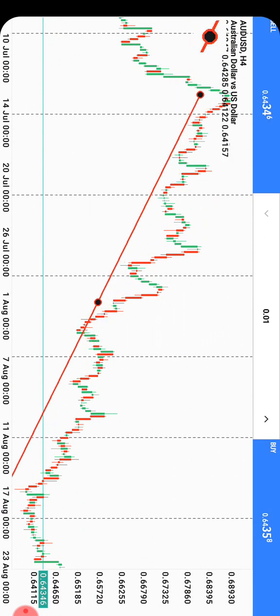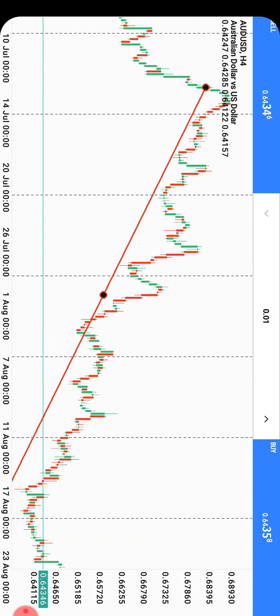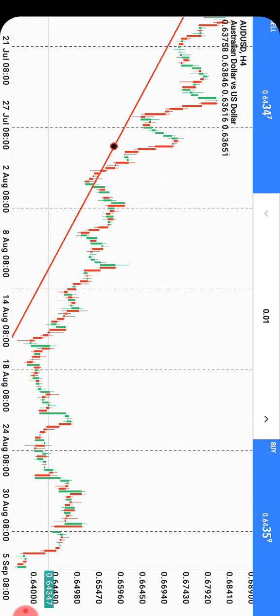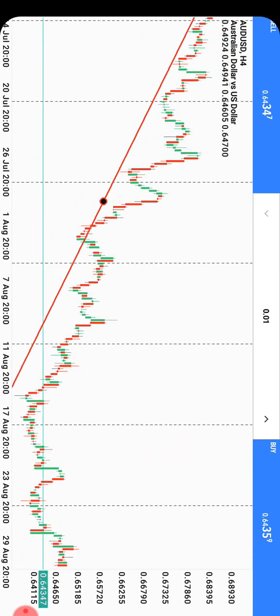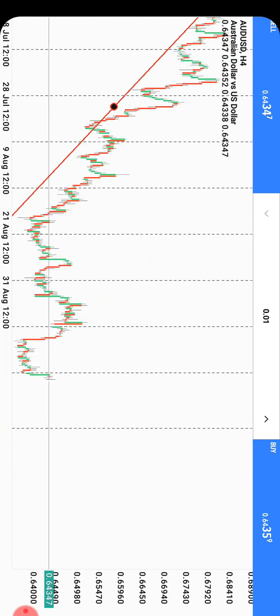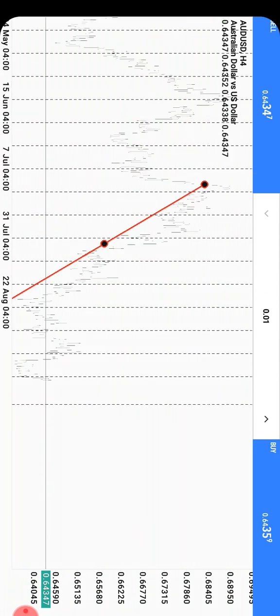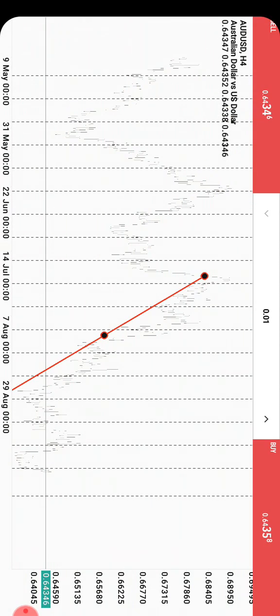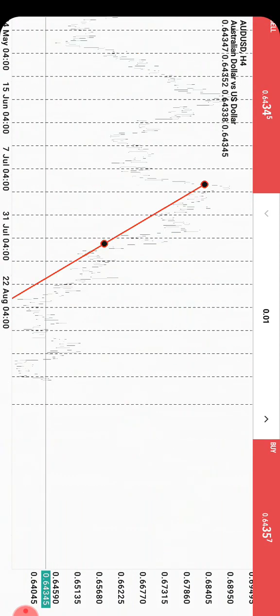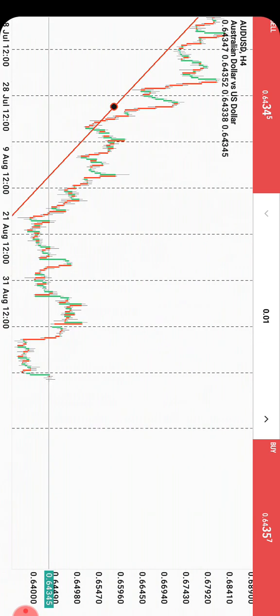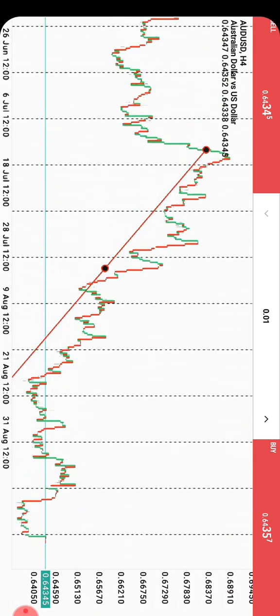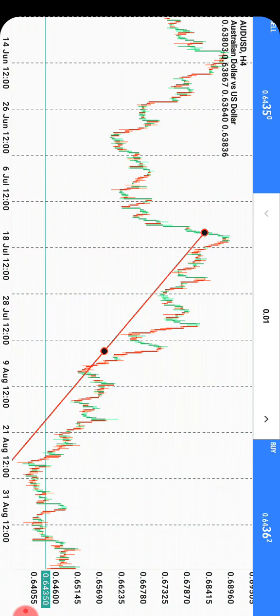The line is not really falling on the same spot, but it can work. It's the kind of market that it is. So this is just how it works.